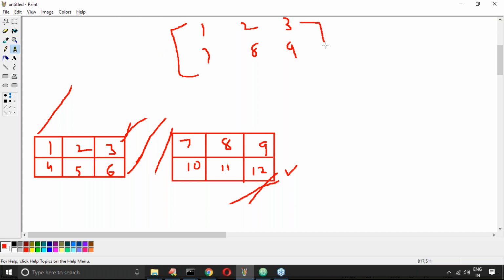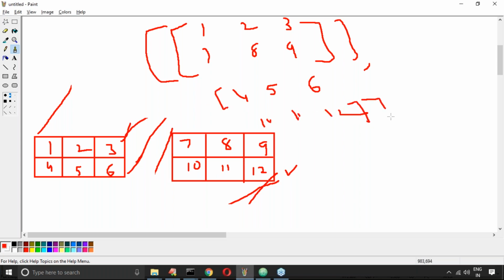This is one 2D array. Then 4, 5, 6 and 10, 11, 12. This is the next 2D array. Can I expect it like this? Please confirm.